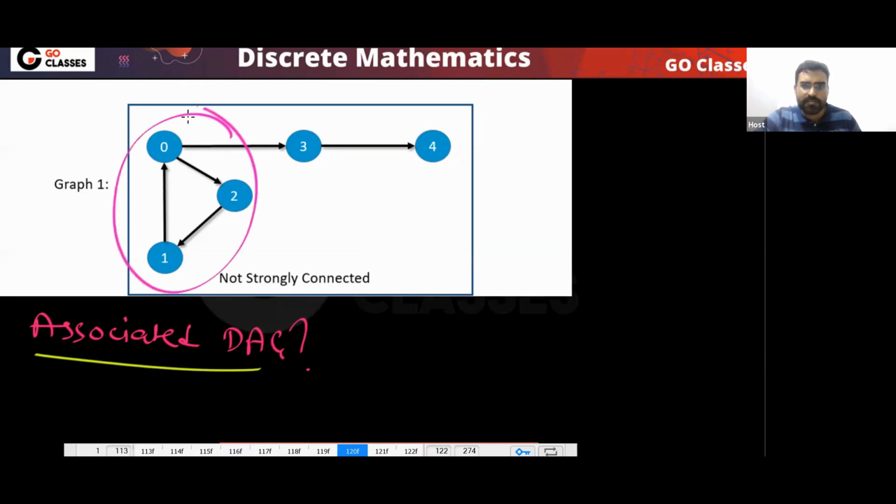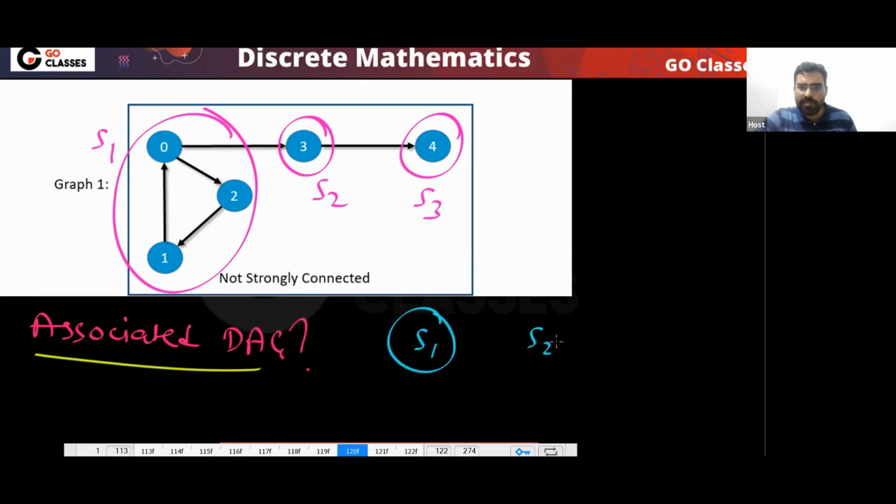You can notice this is one family, so I can say this is S1. This is another strongly connected component, and this is another strongly connected component. So the associated DAG will be S1, S2, S3. There is an edge from S1 to S2, and an edge from S2 to S3.